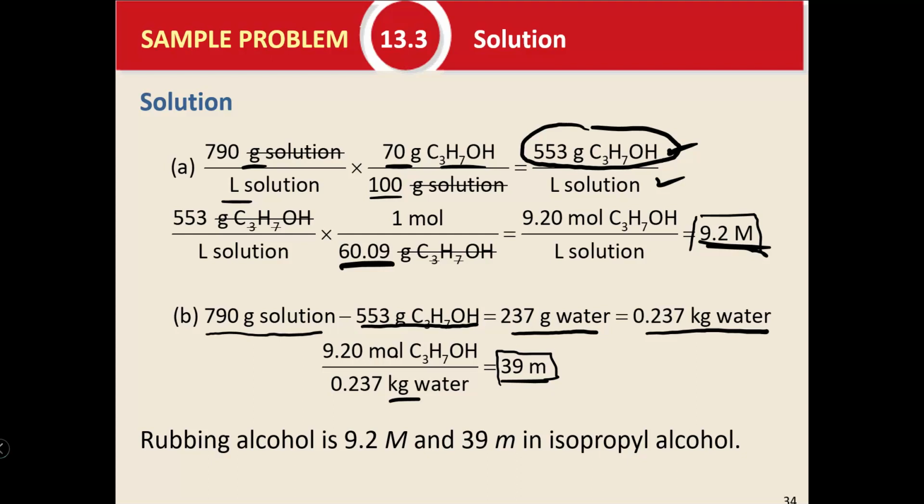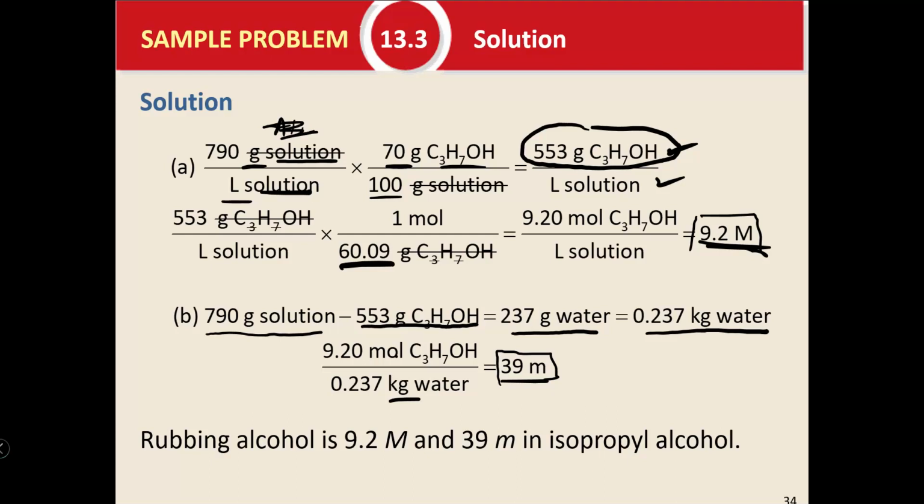You can see here's where we catch the mistake I made. We look at that and this says solution. If you don't write these units down, these descriptors, then you're going to have a problem. When I first thought, oh, I'm going to put alcohol here, that's not going to work out. So I have to go back and look at the problem carefully, and it says I've got a liter of solution, and then I have the density of the solution.